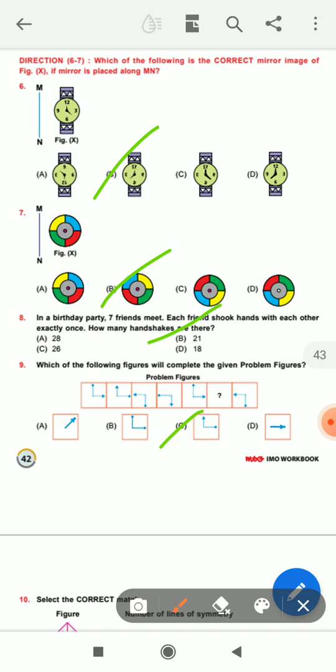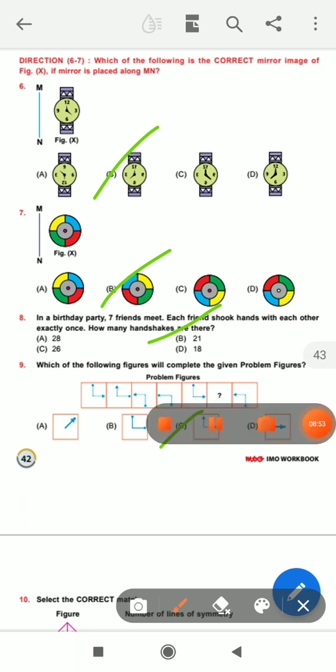The 1st and 2nd figures are the same, 3rd and 4th, 4th and 5th, 6th and 7th. So the right answer is option C.